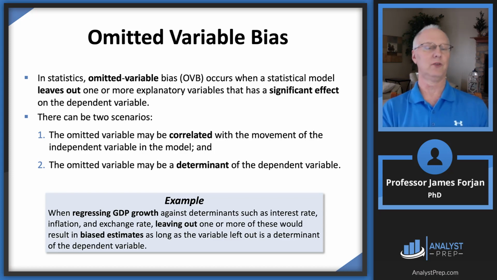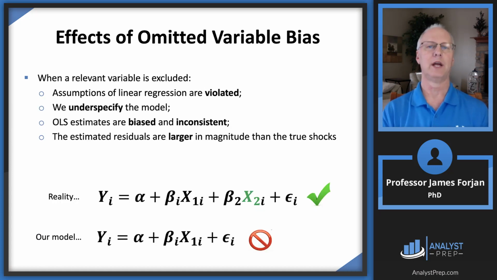All right, and so this has two scenarios. The omitted variable might be correlated, but it might be a determinant of the dependent variable. And so both of those scenarios will cause problems. Now, when an omitted variable is excluded, then the assumptions of the regular old OLS that we've talked about so far are violated, or we're under-specifying the model.